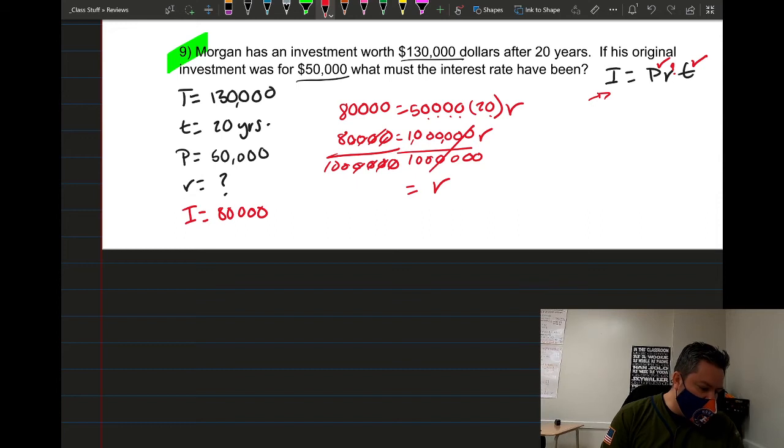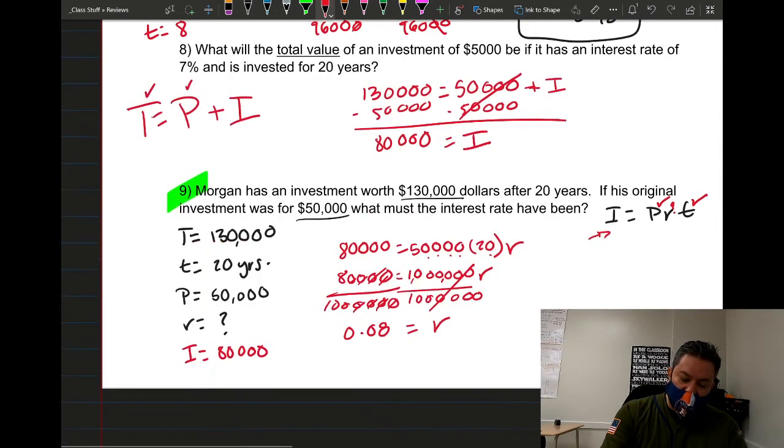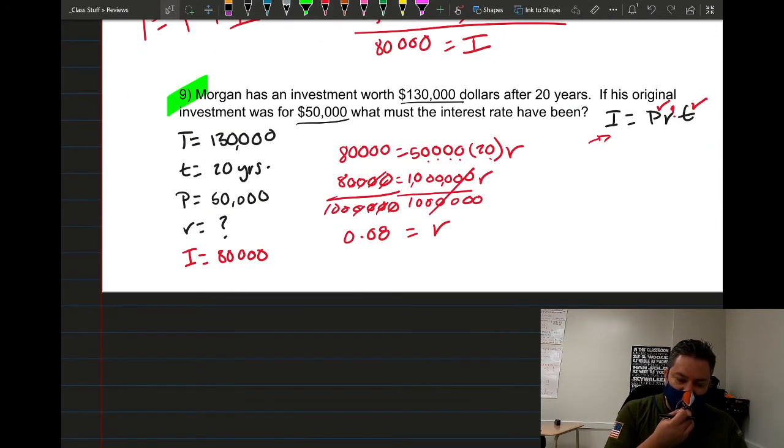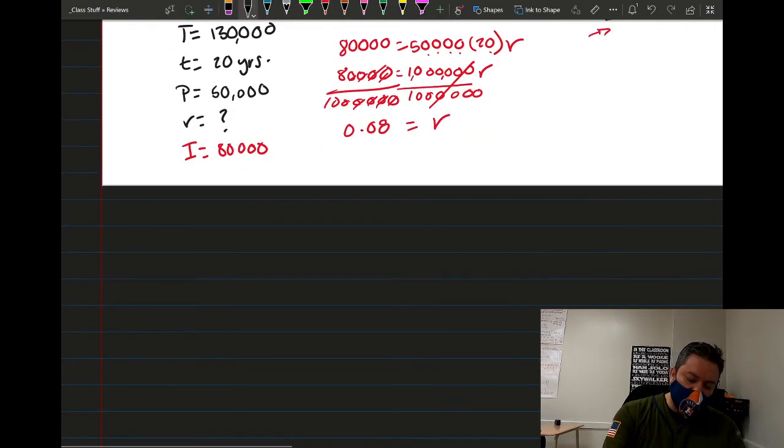But when you divide that, you're going to get 0.08 or 8 hundredths, right? But again, just like on the other one, we can't just leave that like that. So we got to convert that into a percent. So we're going to move the decimal 1, 2. So my rate equals 8%. And that's going to be my answer.